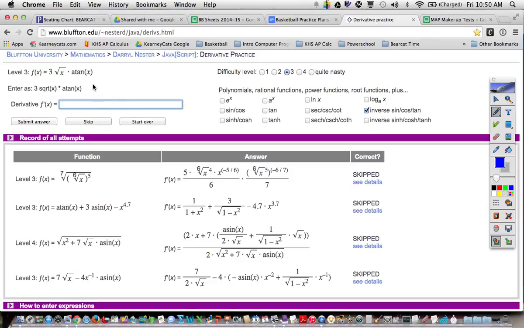There we go. Do that one. 3 square root of x times arctangent of x.